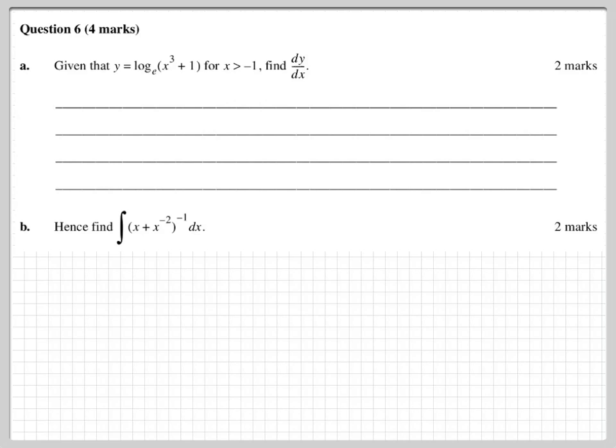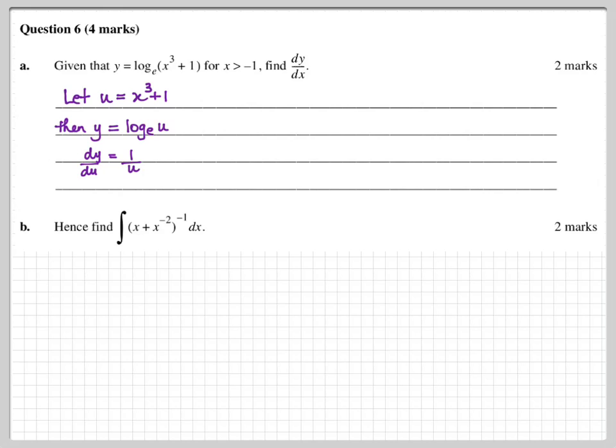Okay, next question. Next question is a calculus question where we want to differentiate log e of x cubed plus 1. So we recognise that this is a chain rule. We let u equal x cubed plus 1. That makes y equal log of u. And if we differentiate that, we just get 1 over u.